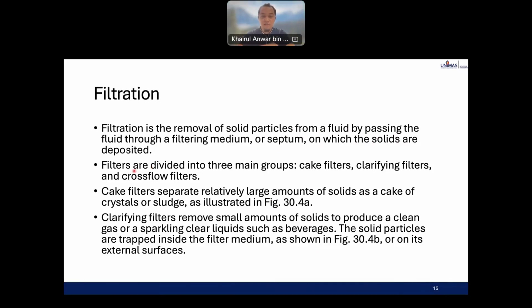So filters are divided into 3 main groups: cake filters, clarifying filters, and crossflow filters.